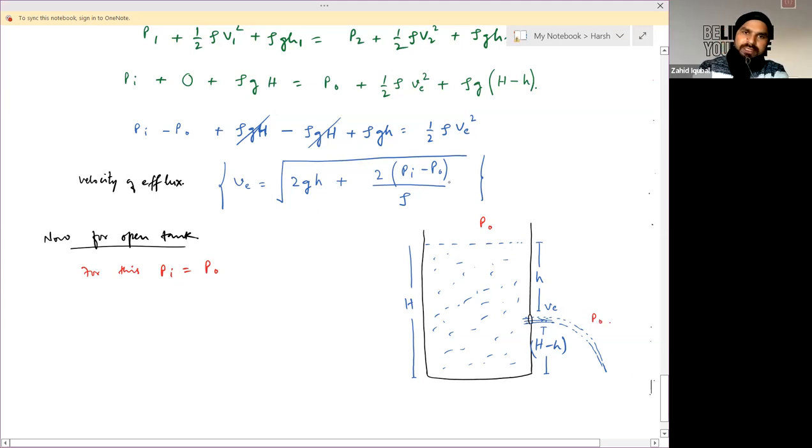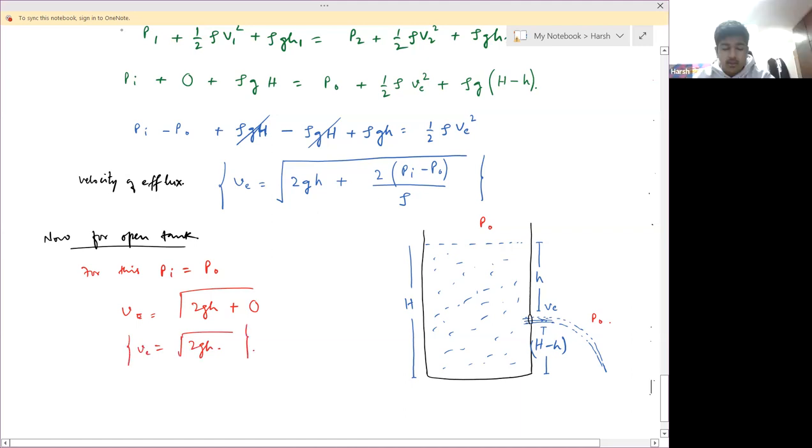If you put this in the above expression, you will get velocity of efflux equals root under 2gh plus Pi minus P naught. Both are equal, so the difference will be 0. So you're left with just root under 2gh. Harsh, is it clear? Yes, sir.